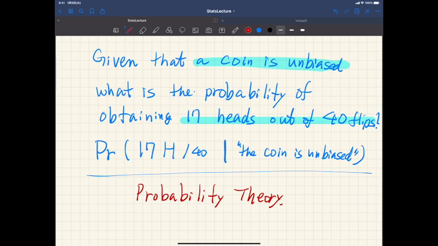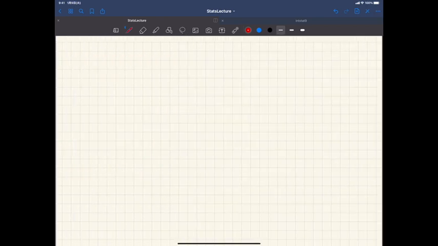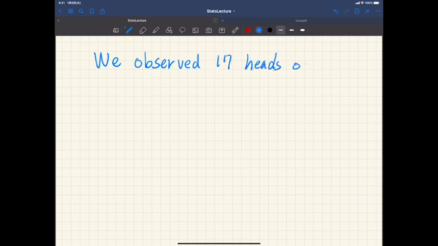On the other hand, in statistics, we ask a different question. So we observed, for example, 17 heads out of 40 flips.